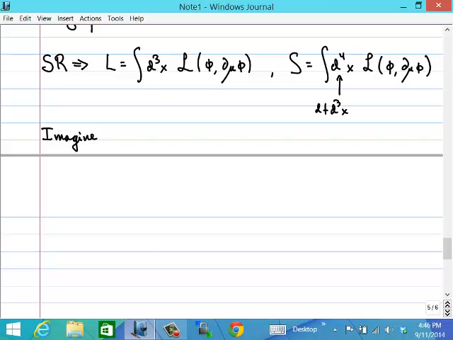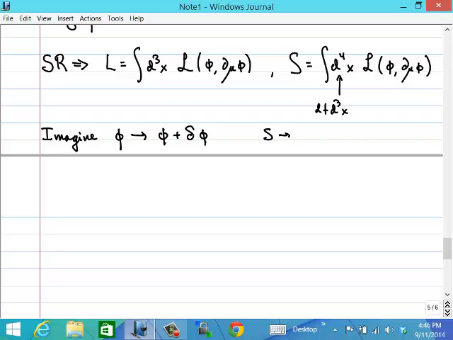So how do we determine when this action is going to be extremized? Well, we imagine that we start with some field configuration phi, that's going to be some function of x, and we vary it slightly by adding to it some small variation that I'll call delta phi. And then let's ask how this action S will vary to linear order in this small variation delta phi.